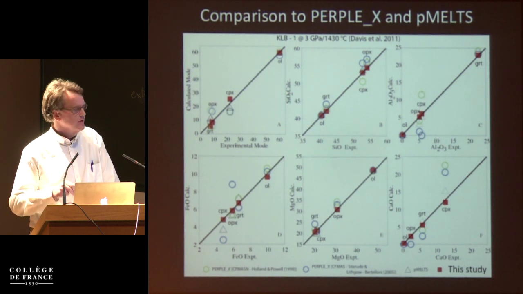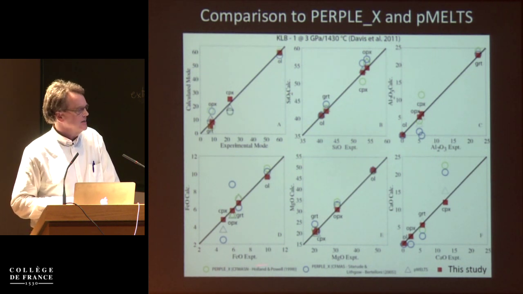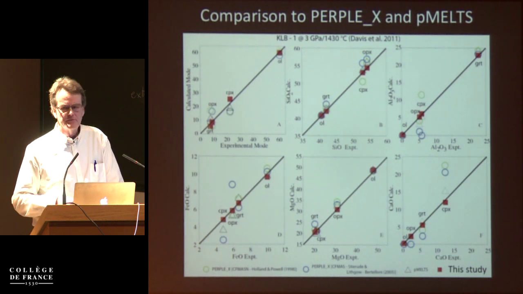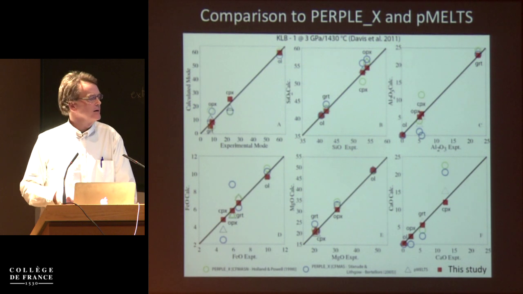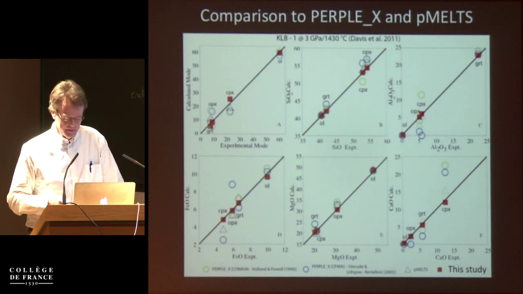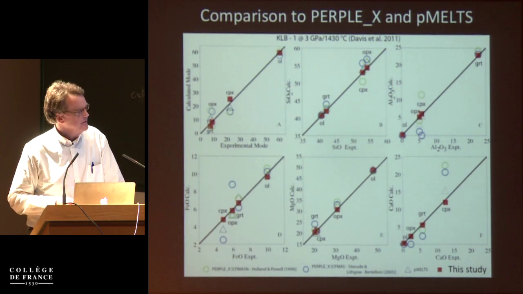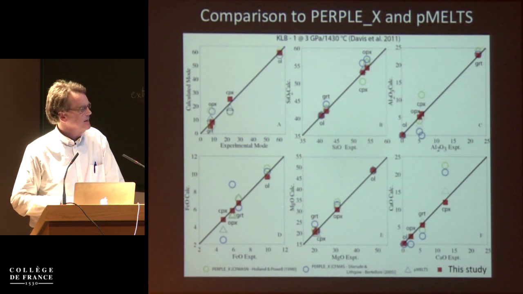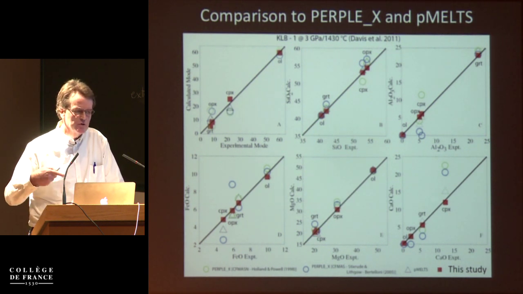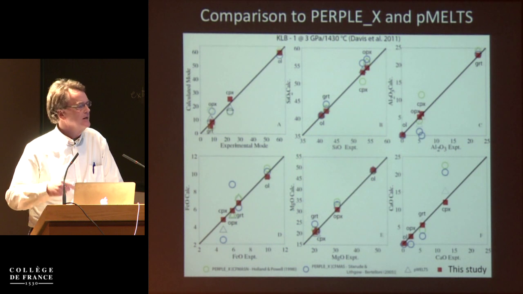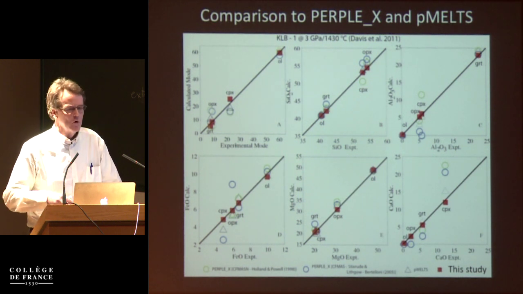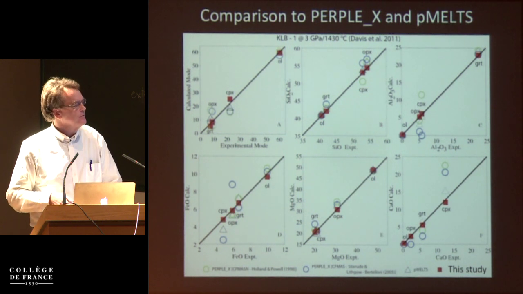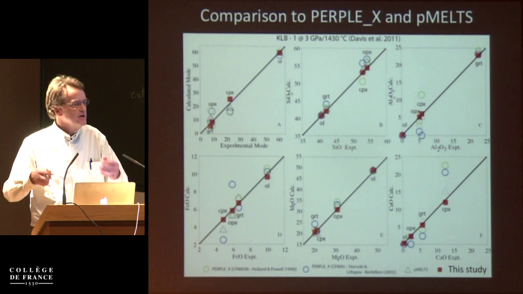And then I make 3 other comparisons here, basically 2 for the Perple_X program and for pMELTS. Both of them are thermodynamic databases, and in those thermodynamic databases there is always this effort to minimize the free energy of the system.